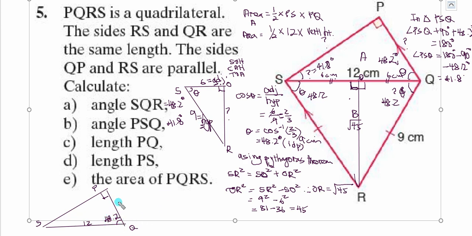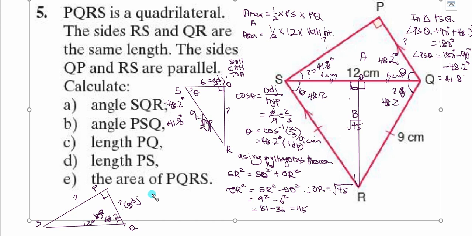Now we're supposed to find this length and also this length. Let's talk about this length. This length, with respect to this angle, is the adjacent. Given is this one is the hypotenuse. So you have an A, you got an H. So we are using CAH.